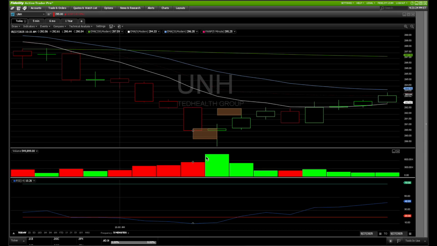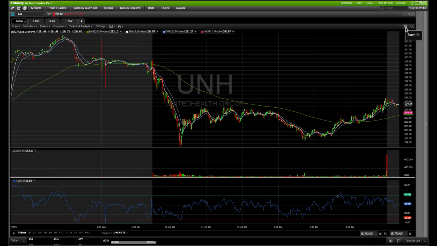The next thing I was looking for, which was my entry right in here, looking for green volume bars to take over. You had this indecision candle right here with the thin wicks you could see. So you had the green volume increasing, and then I made my exit 10 minutes later up in here at 292.35.